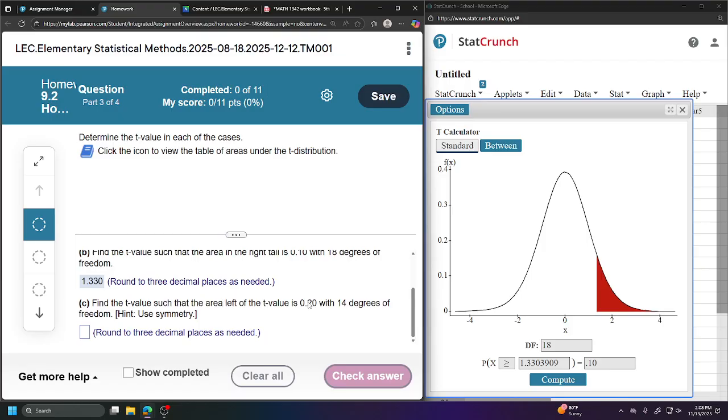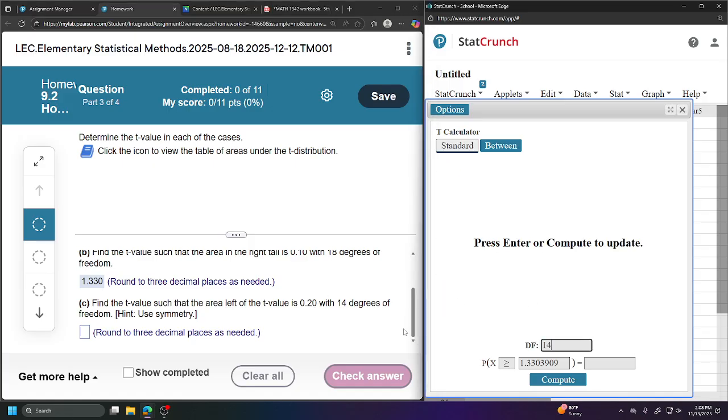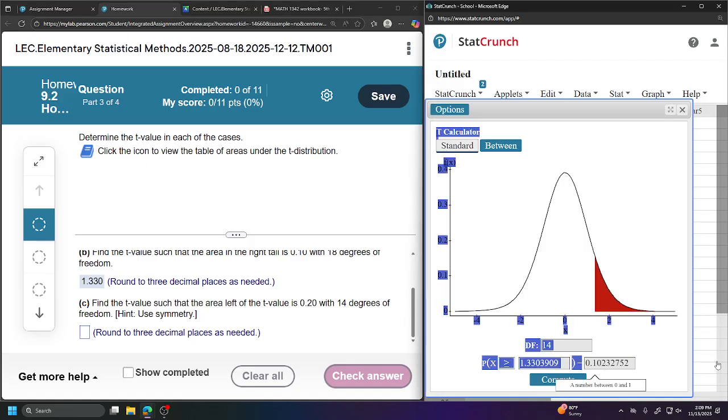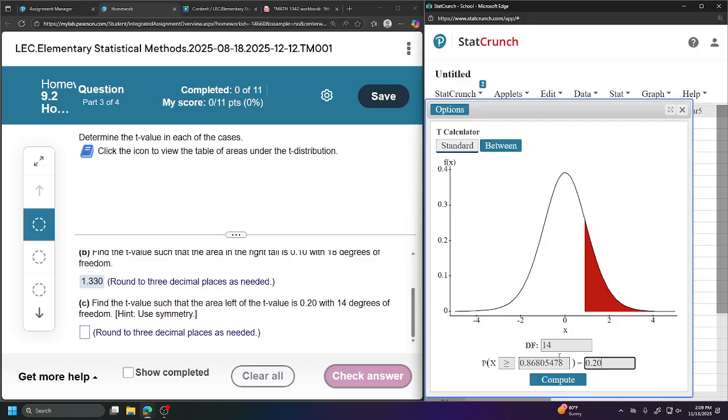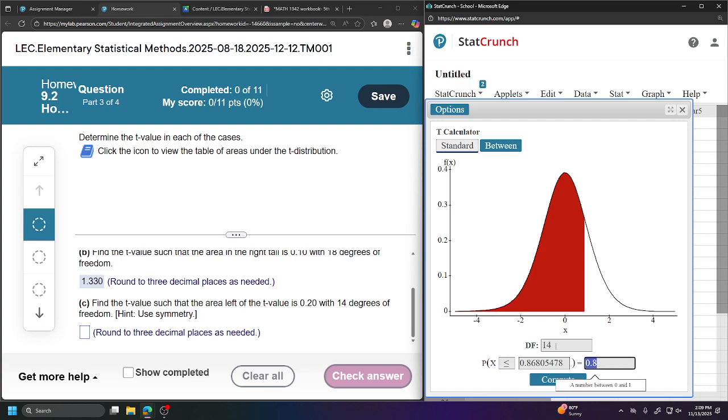Yeah, it says on the left side, 20%, 14. So 14 degrees of freedom. Hold on for a second here. 20%. Oh, but hold on. That's on the right side. Yep, change the symbol back to the left. Oh, I got to go back and change this guy. Back to 20%. What is that thing doing in my way? Go away.